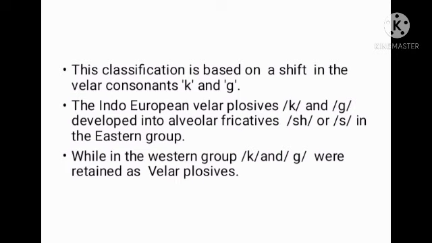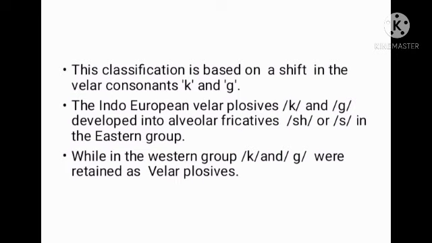The Indo-European velar plosives k and g developed into alveolar fricatives sh or s in the Eastern group, and in the Western group the sounds k and g were retained as velar plosives.